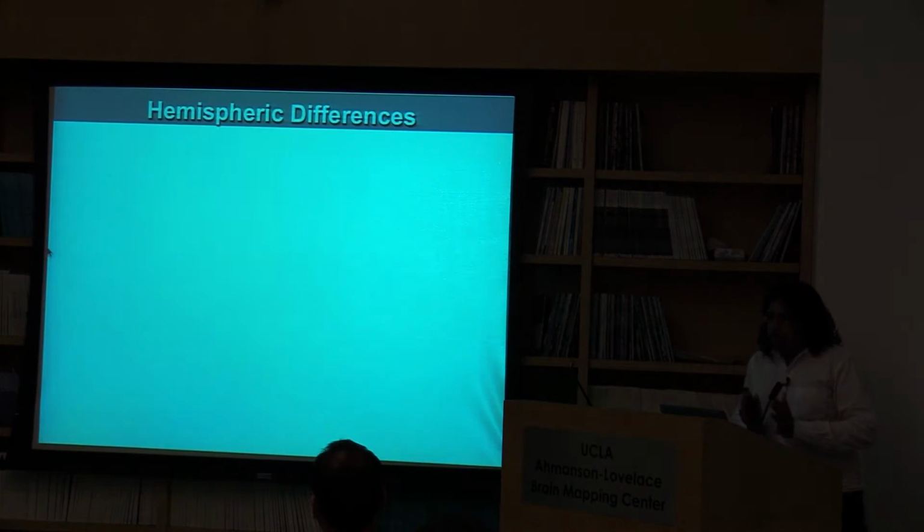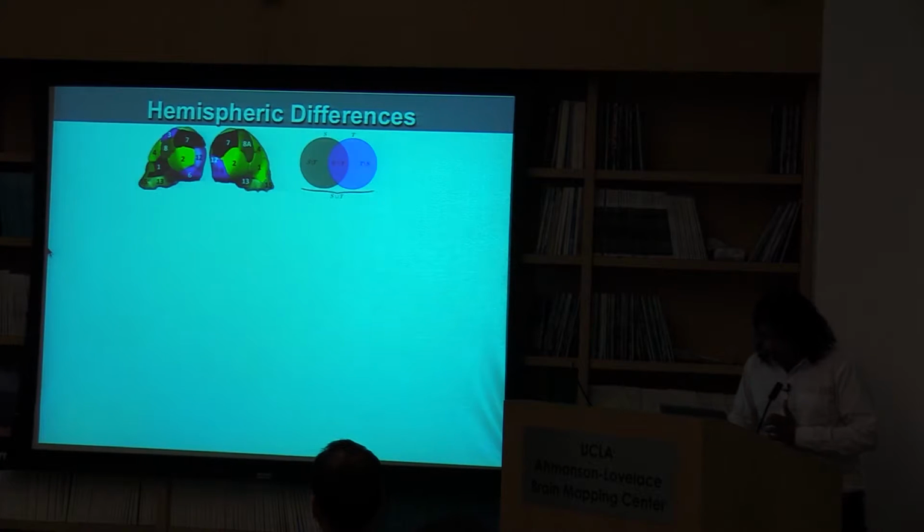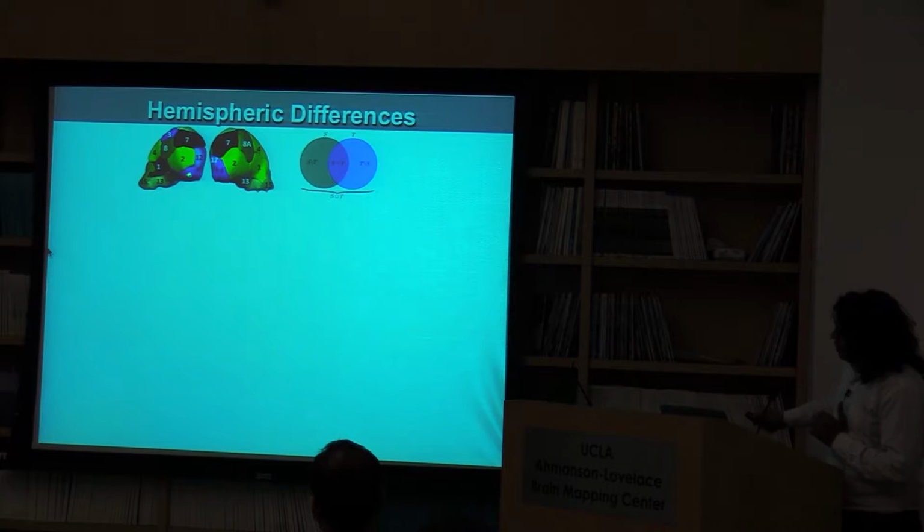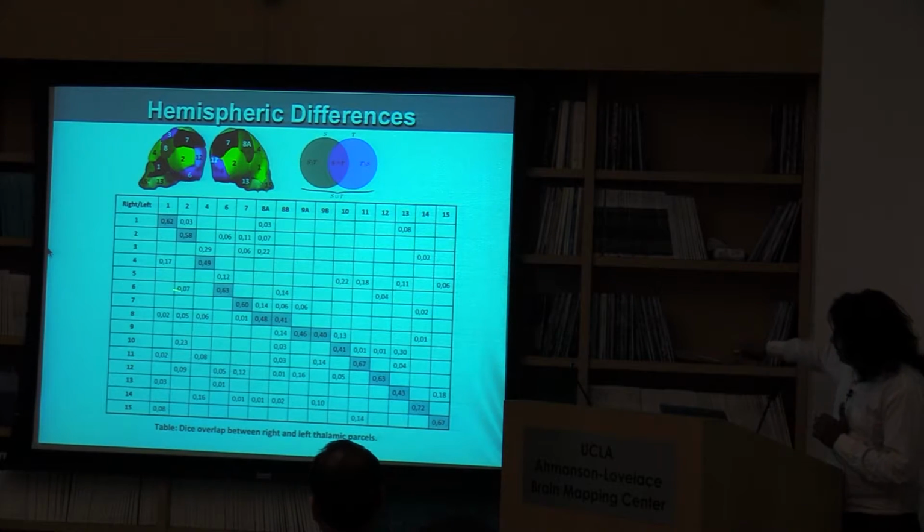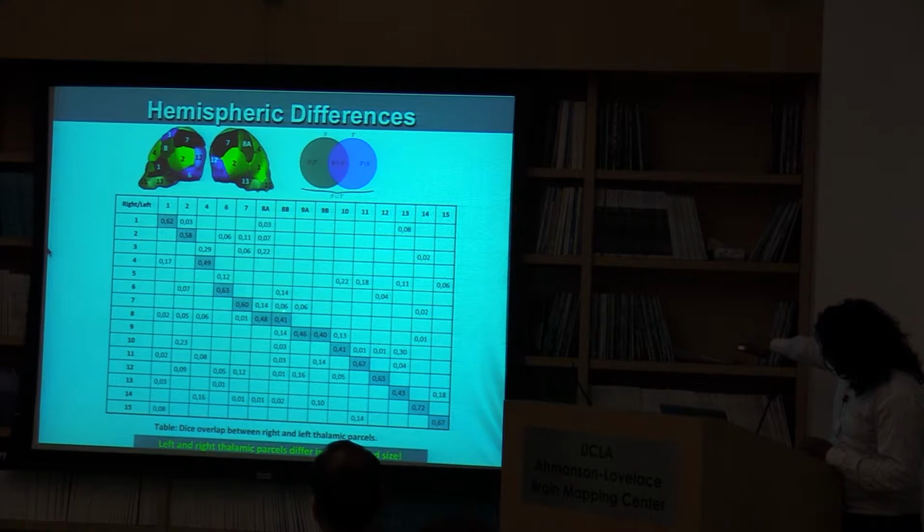To get a better overview of the laterality differences, we computed the dice overlap of each right parcel with each left parcel. In the resulting table, you can see that there is considerable difference. For example, parcels 3 and 5 appear only on one side.